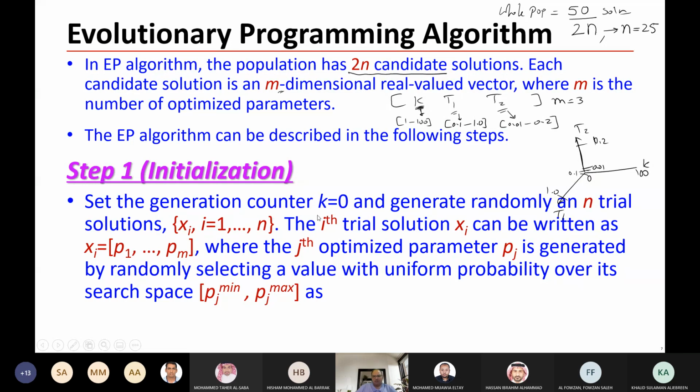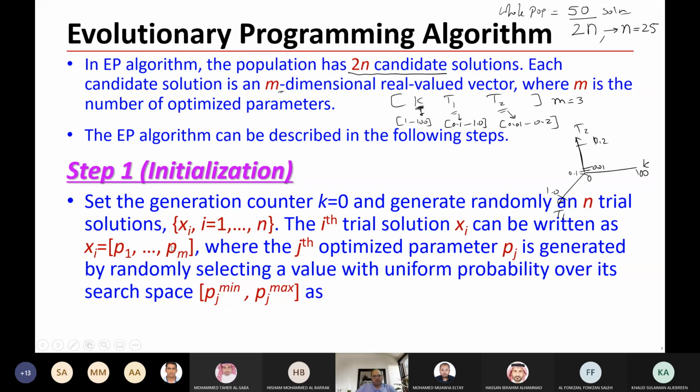Set a generation counter k equal to 0. This is the initial generation, and generate randomly n trials. We generate randomly here half of the population. If you set the population size equal to 50, you generate only half of the population randomly, so n here equals 25.